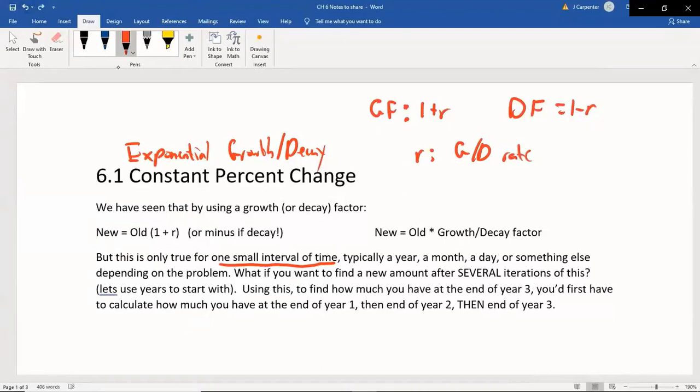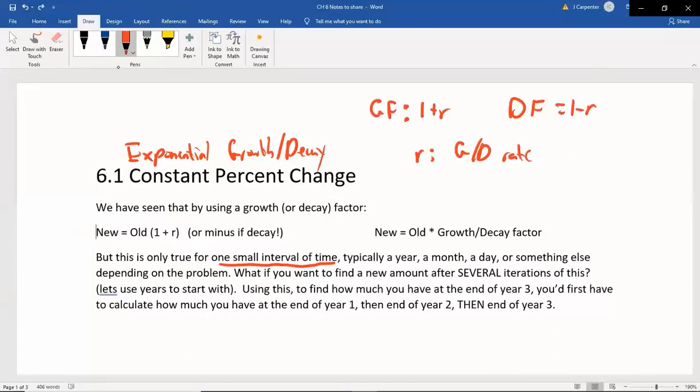And to find year 49, you've got to do year 48. To do 47, you've got to find 46. To do year 35, you've got to do year 34. To do year 3, you've got to do year 2. To do year 2, you've got to do year 1. So if you want to find how much money you have, just using this simple concept, it would take you 50 rows of work.